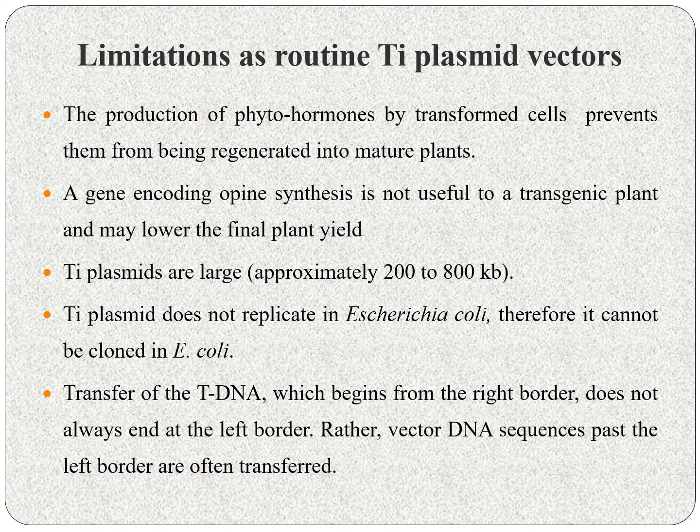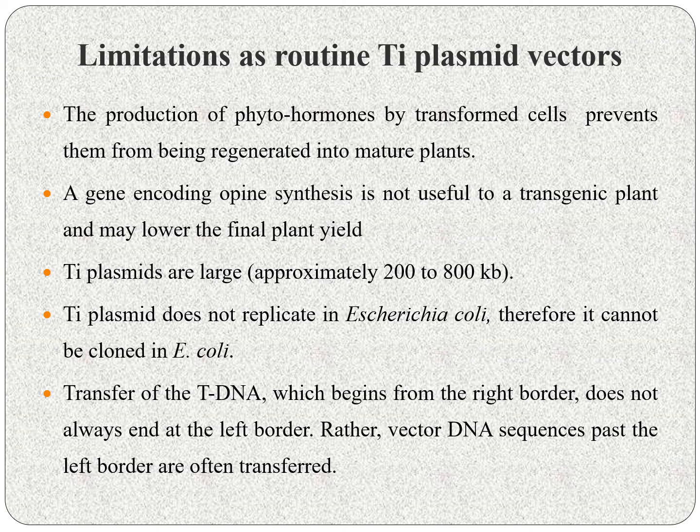Limitations of the Ti plasmid vectors: production of phytohormones by transformed cells prevents them from being regenerated into mature plants. A gene encoding opine synthesis is not useful to a transgenic plant and may lower the final plant yield.